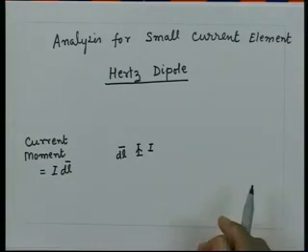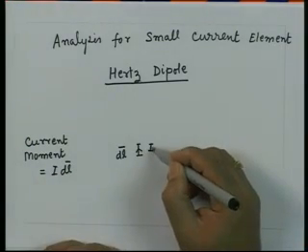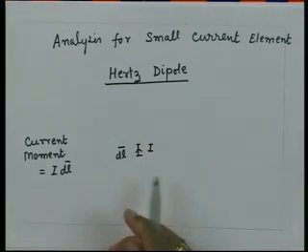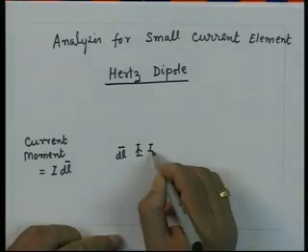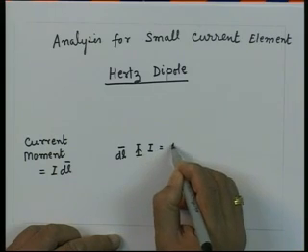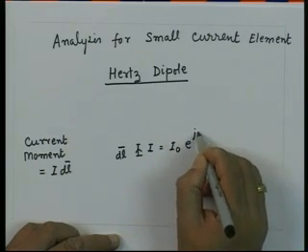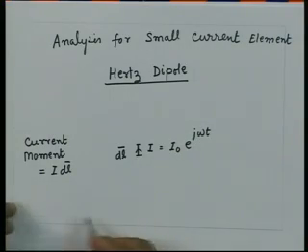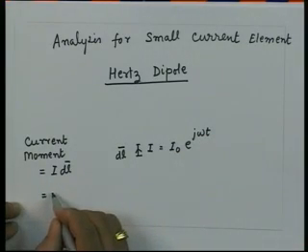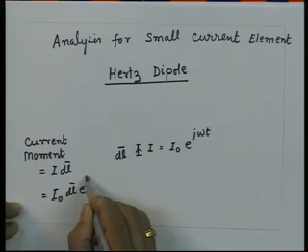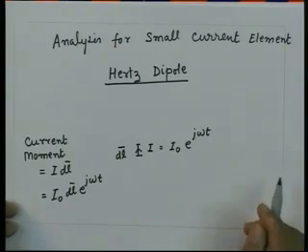So, we have a quantity called moment, which is equal to I dl. Now, assume that this current is varying sinusoidally as a function of time. So, I is equal to some current amplitude I0 e to the power j omega t. So, we have here the current moment, which is I0 dl e to the power j omega t.